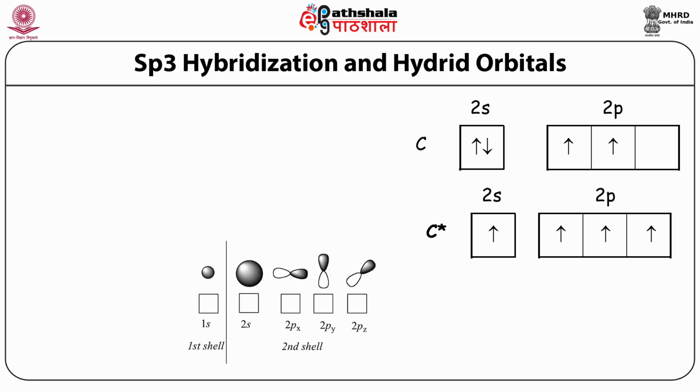In CH4, there are 4 covalent bonds. So, the carbon has 4 orbitals with the correct symmetry to bond to the 4 hydrogen atoms.